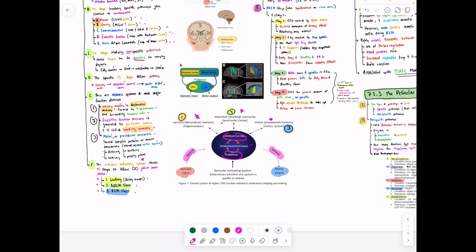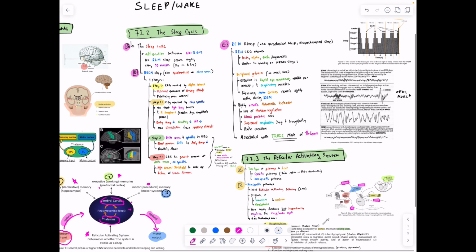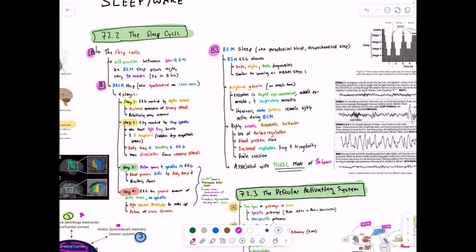Sensory input is actually optional to the system, and motor output is optional to the thalamocortical loop overall. And then you have this reticular activating system, which determines whether or not the system is awake or asleep.